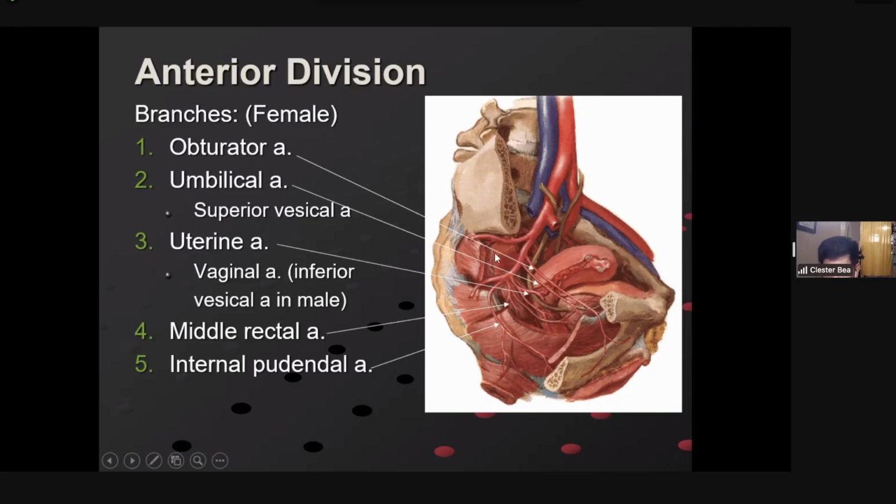We can't see the greater and lesser sciatic foramen so well here, but this artery is an example of a vessel that passes through both foramina. You also have the inferior gluteal artery, which exits via the greater sciatic foramen at the lower border of the piriformis and emerges in the gluteal region to supply blood to the gluteal muscles.